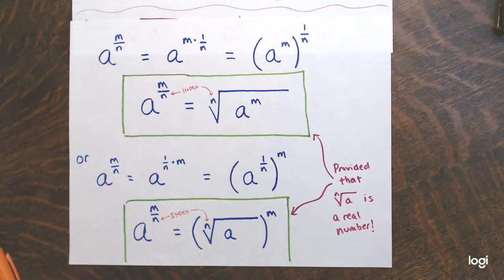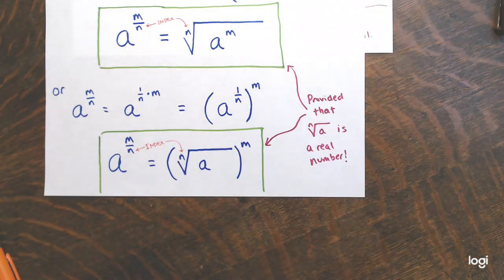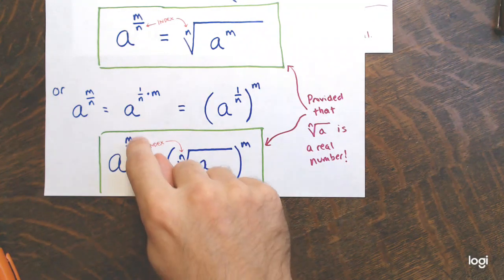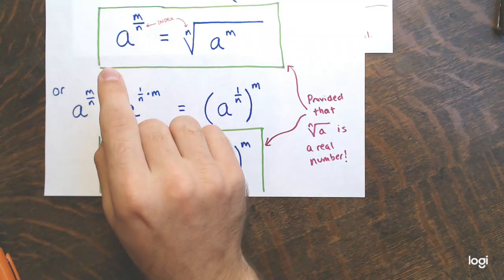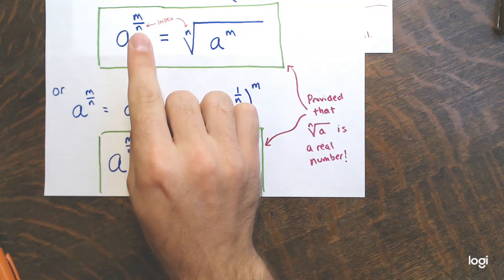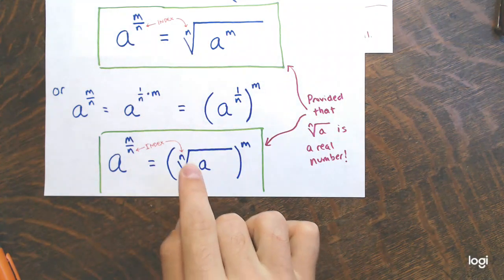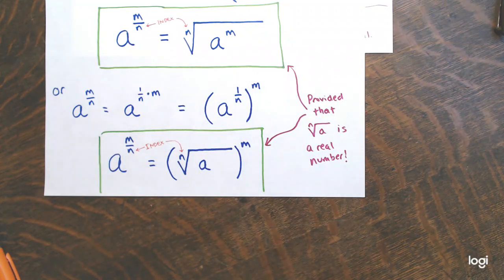Okay, so I'm going to keep these in mind. And now let's work on some examples where I'm taking an expression with one of these. We'll go in both directions, looking at an expression with a fraction power and writing it as a radical. I'll show you both, and really they give you the same thing.